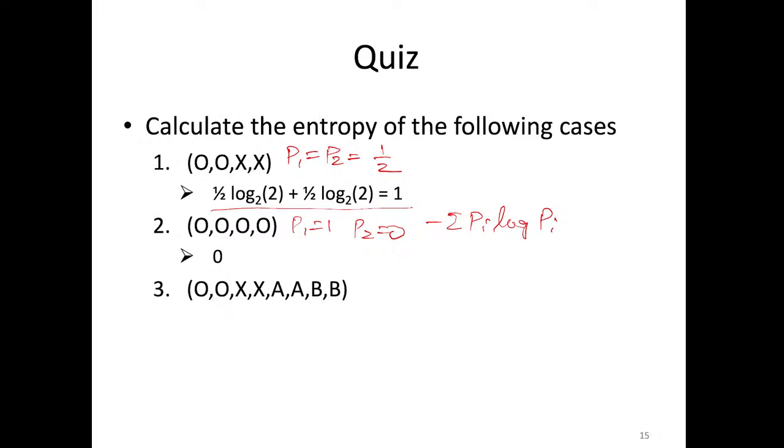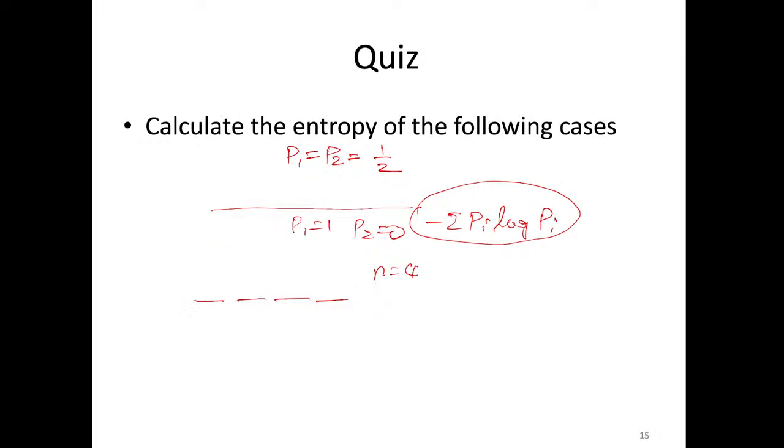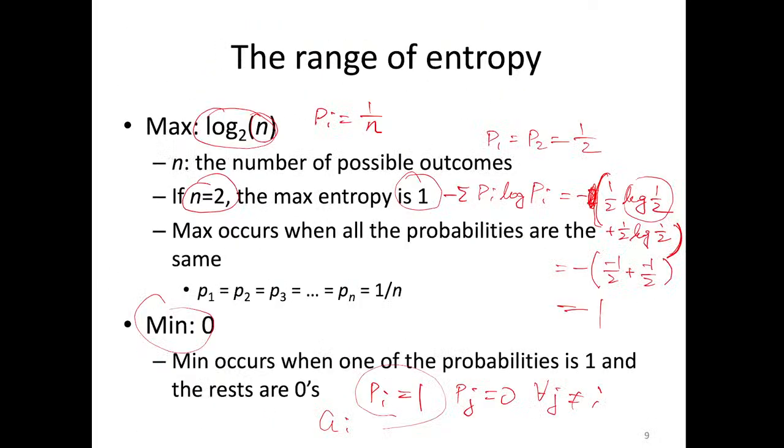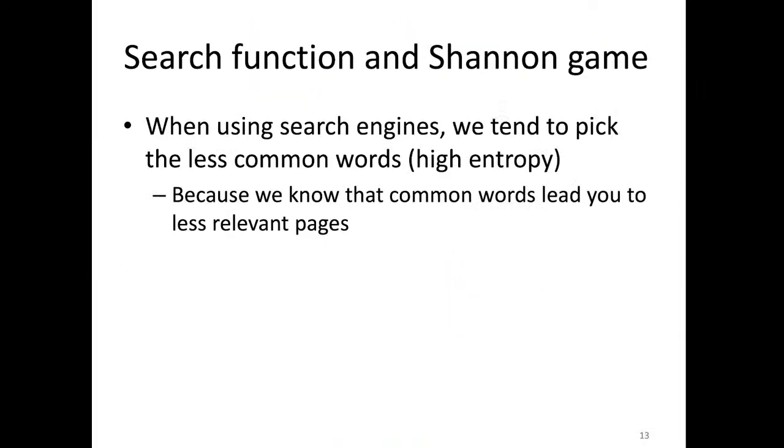How about this? We have n equals 4. You have 4 cases, I'm sorry, 4 different classes. We have 8 samples and only 4 classes. And in this situation, what's the result? Again, one way to do it is to use this formula. Or, as we said earlier, the maximum entropy would be log n, where n is the number of classes.